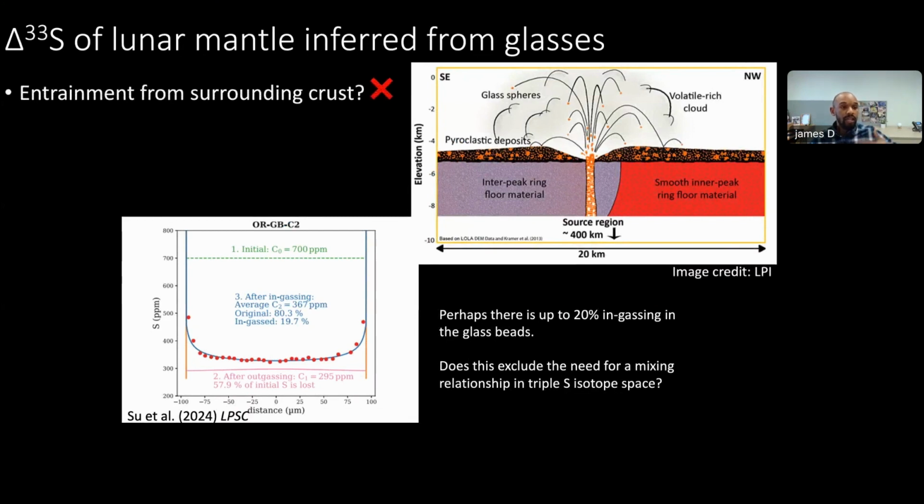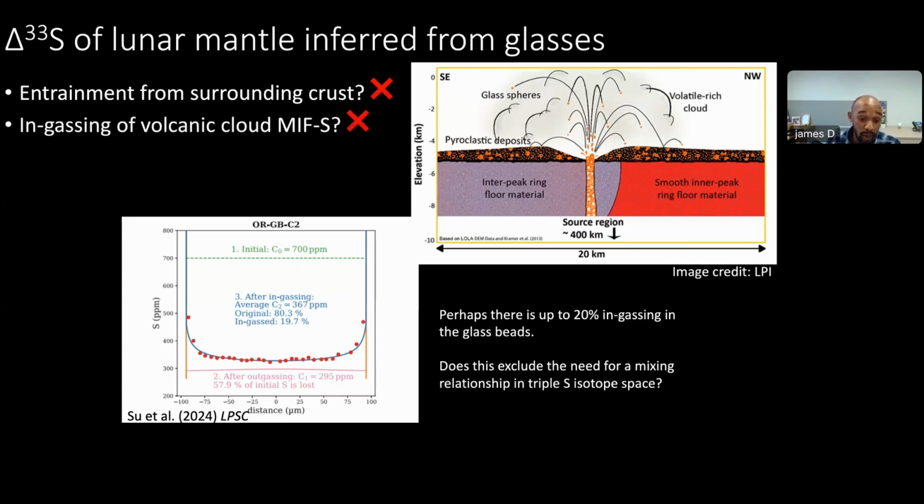So if we want to figure out where this cap delta 33S composition associated with the orange glass beads is coming from, if it's not from a photochemical component, at least during the time of eruption, we can then ask ourselves, could it be from entrainment from surrounding crust? But likely it's not, because the rates of entrainment during that eruption are likely too slow.